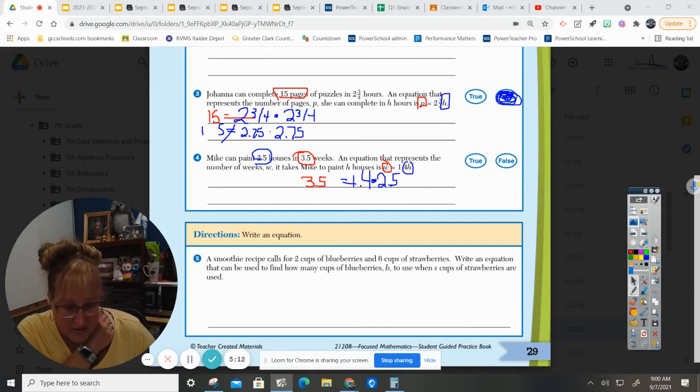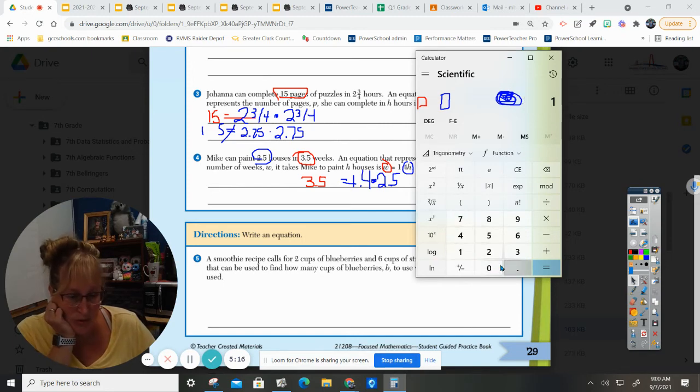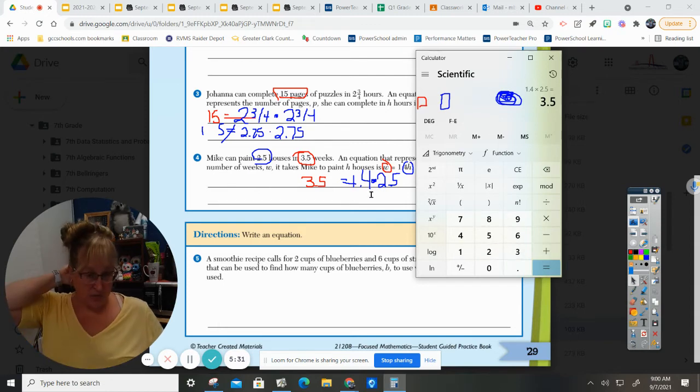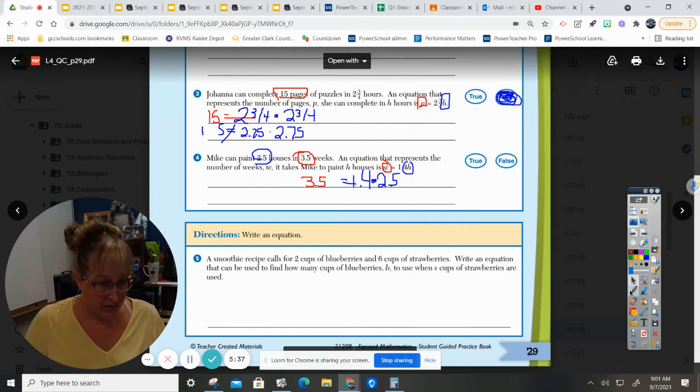So let's use our calculator. 1.4 times 2.5 equals 3.5. 3.5 does equal 3.5. So the answer to that will be yes, it is true.